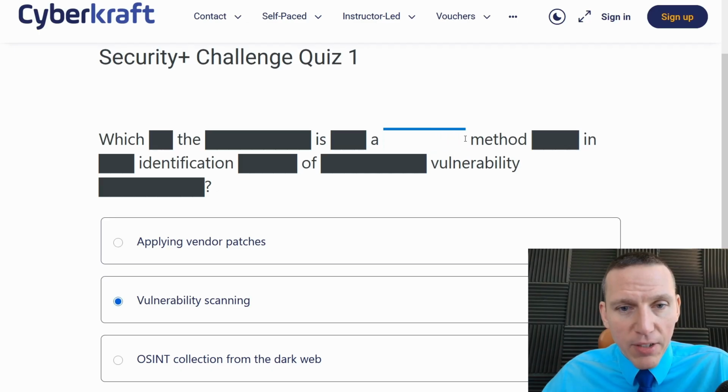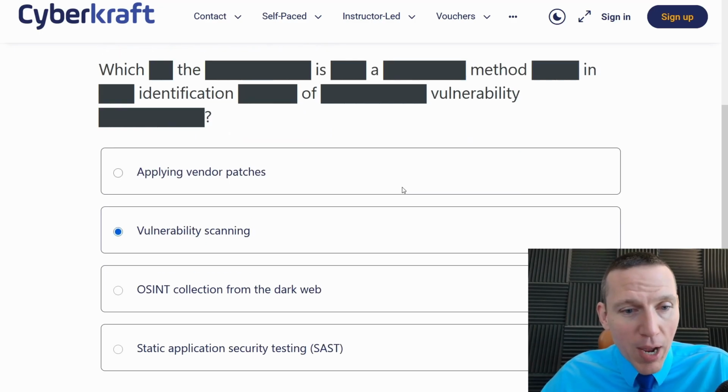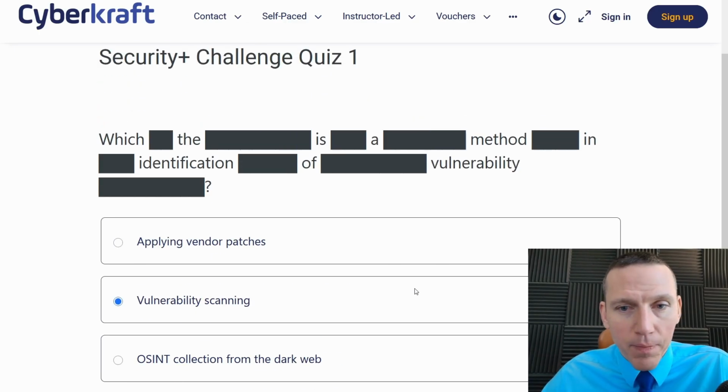Could this be validation? Which of the following is, this could be not. That'd be pretty crappy if that was not. Vendor package. Jeez, I don't know. In the identification blank blank of vulnerability something.